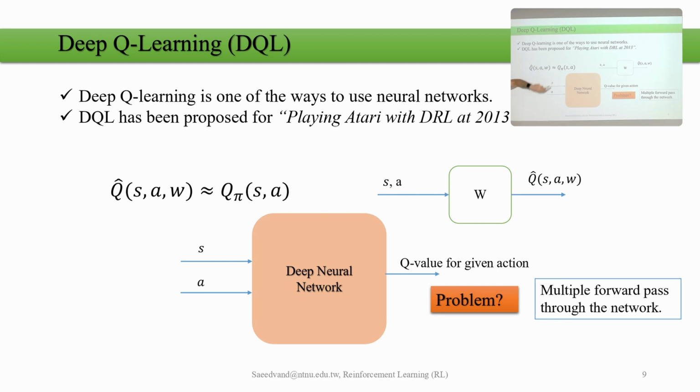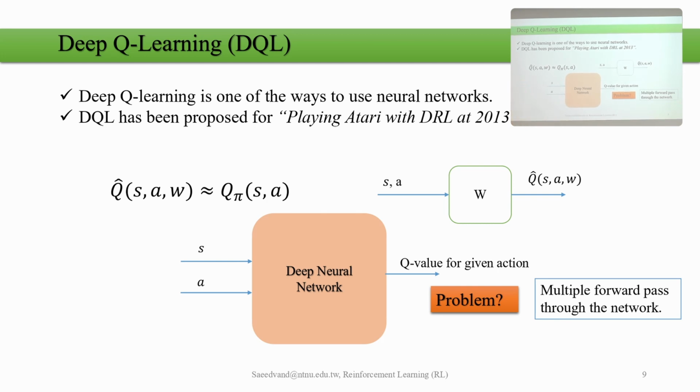For the same state, if we have like 10 actions possible, 10 times we need to feed it here and get the Q value for each one. Then collect them one by one, then get the maximum, then understand which one is the max. This is the problem of this form of configuration for deep Q-learning.